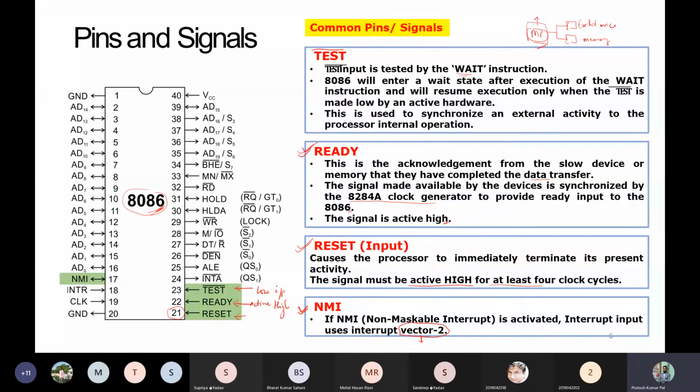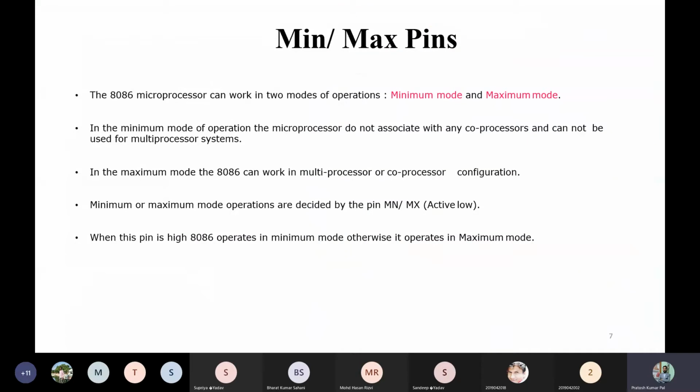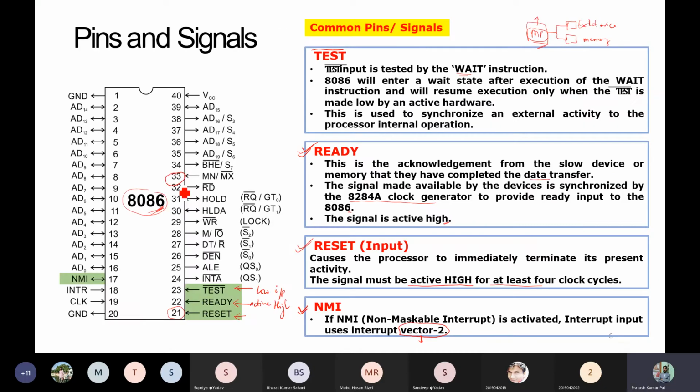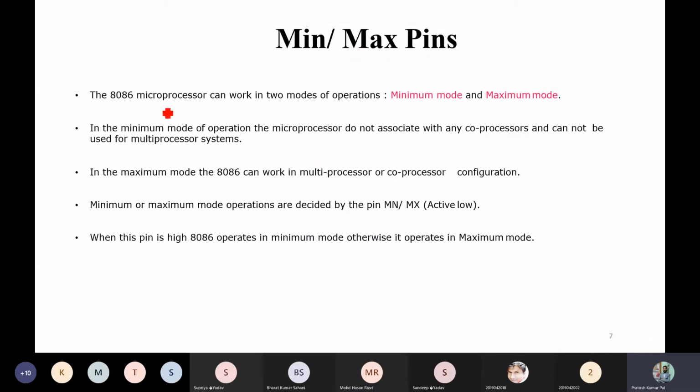Minimum and maximum mode pins. We have already seen the maximum and minimum pin, pin number 33, and how it works in maximum mode and minimum mode. The 8086 microprocessor can work in two modes, minimum and maximum. In the minimum mode operation, the microprocessor does not associate with any co-processor and cannot be used for multi-processor systems.